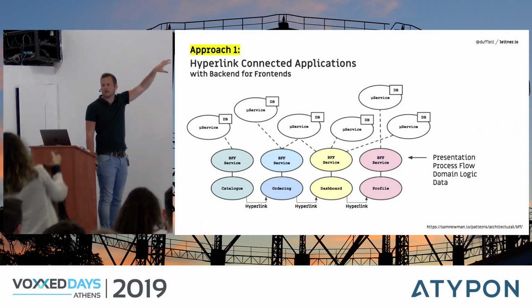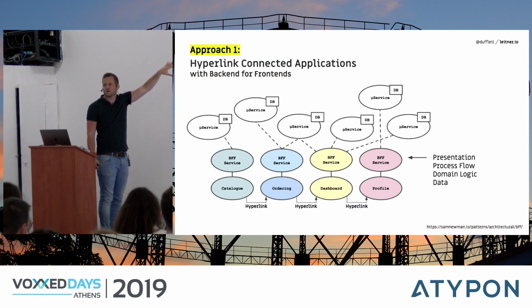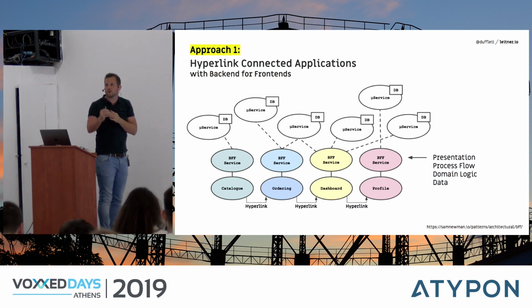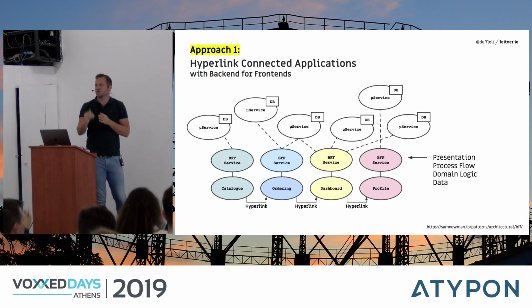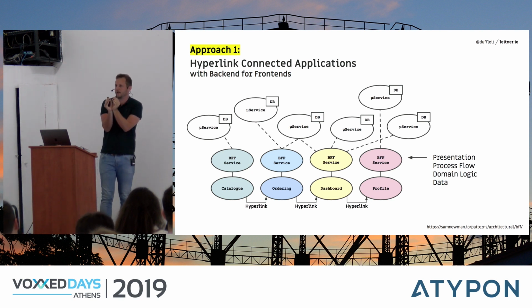Those are domain services. We want to reuse those services. So we build very generic APIs that we can use in different contexts. And this, as mentioned, usually causes overfetching and over-requesting. And those backend for frontend services are very consumer-driven. So the consumer actually says how this API should look.